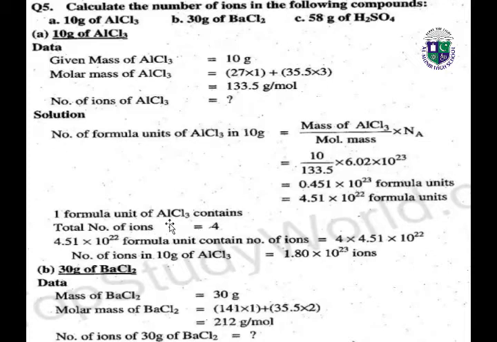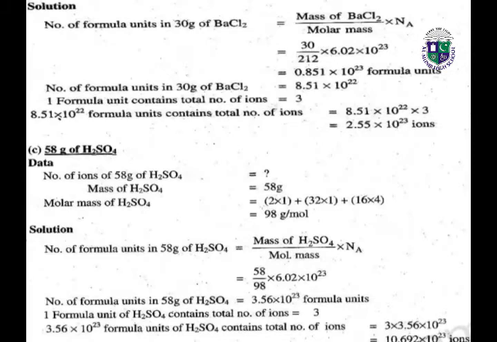One formula unit of AlCl3 contains a total number of ions equal to 4. So the number of ions is 4 × 4.51 × 10^22. So the number of ions in 10 grams of AlCl3 is 1.80 × 10^23 ions.